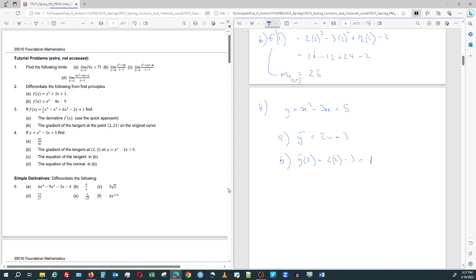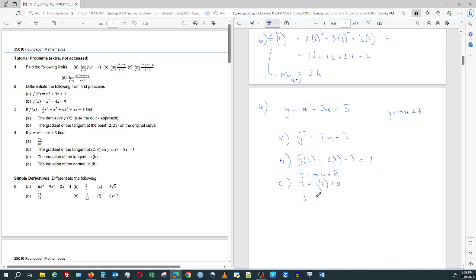Alright, the equation of the tangent and the equation of the normal. Okay, so this time we've got y equals mx plus b, and we have our m, we have y and x, which is solved for b. So y is the point 3 equals 1 times 2 plus b.